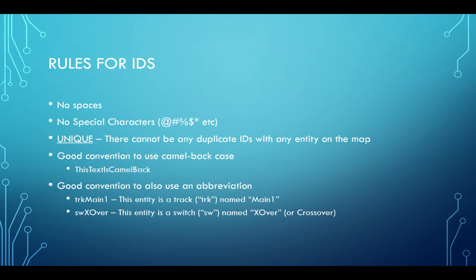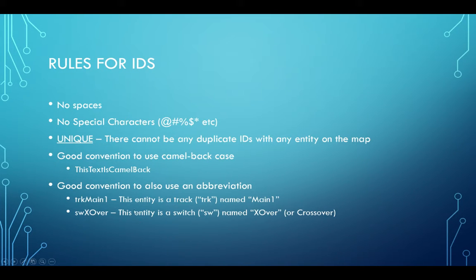No special symbols at all in your IDs. It's text and numbers only. Every ID needs to be unique when you're working with a map editor. So a track must have its own unique ID from a switch or a handoff. Everything must be unique in itself.